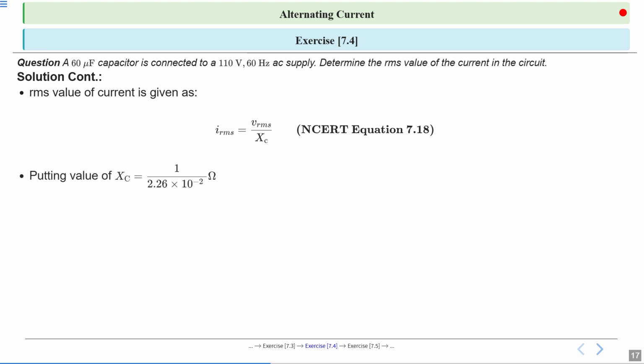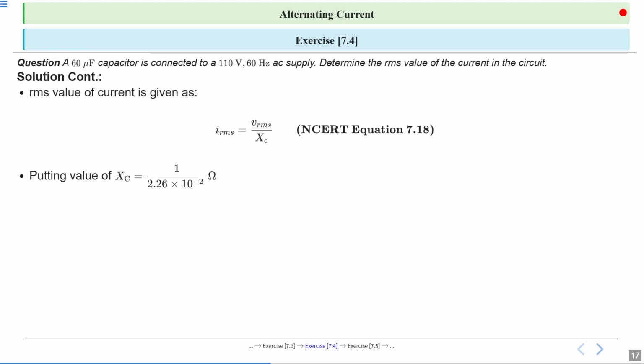Why have we kept this value of Xc without solving it completely? Because Xc is in the denominator. So 1 by 2.26 into 10 to the minus 2 will go in the numerator when we put this value in the final expression of IRMS.